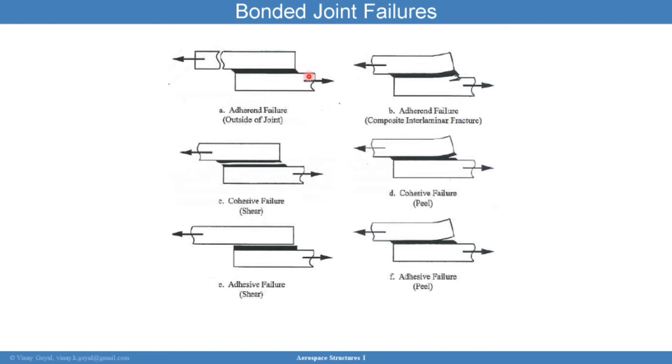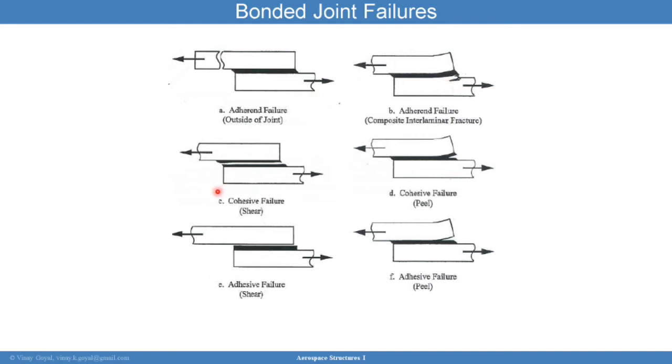In this case, you could have various failure modes. System failure modes that could occur is failure outside of the joint. That's one example. You could have failure within the metal or the composite. In this case, it's a composite failure. I'll cover composites a little bit later and show you what we're talking about there.